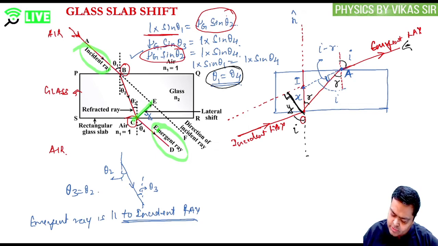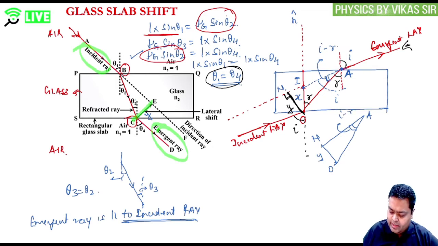And I use this triangle, labeling it N, so that's OAN. In this I have to find y, where this angle is angle I minus angle R.